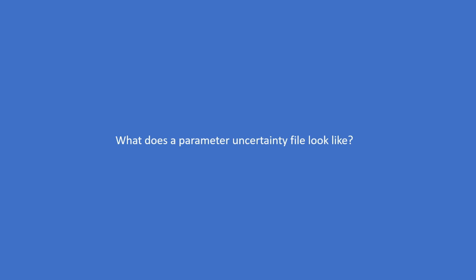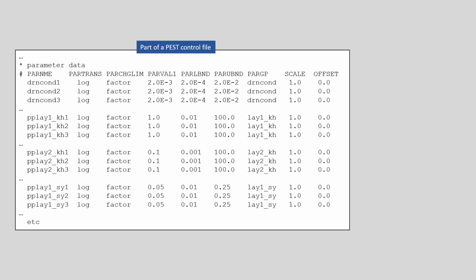Before looking at a parameter uncertainty file, let's look at part of a PEST control file. This is the parameter data section of a PEST control file. On the left we have the names of parameters, whether they're log transformed or not log transformed, tied or fixed, initial value, lower and upper bounds, parameter groups, and some other information.